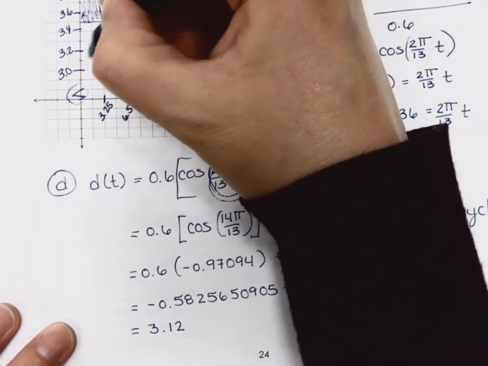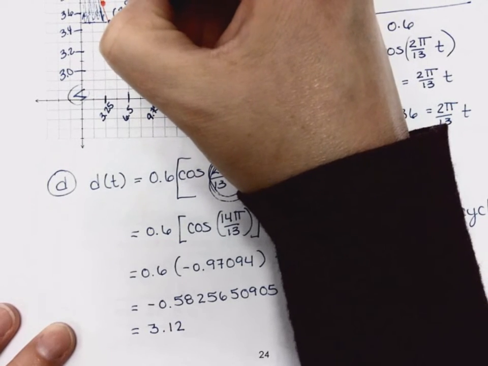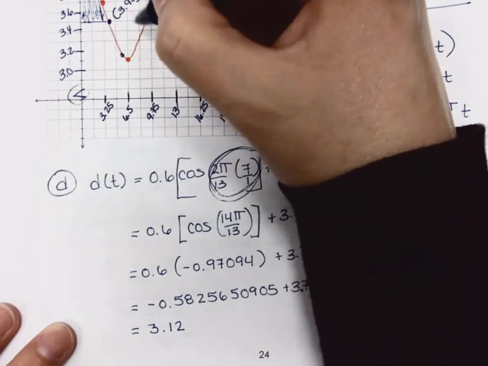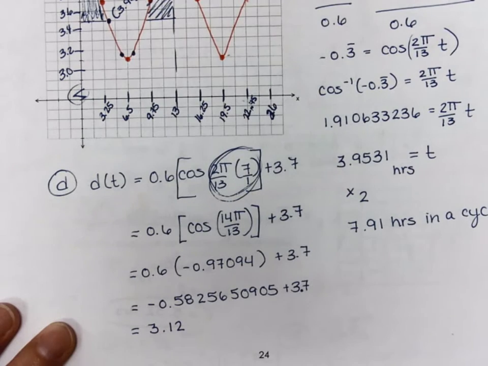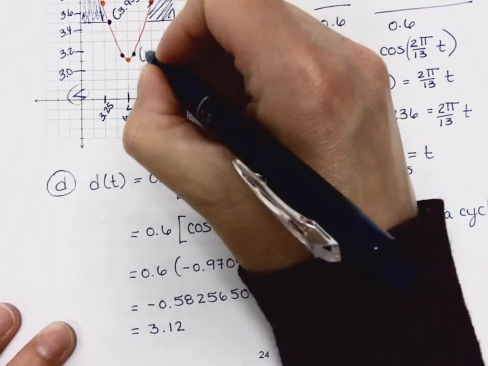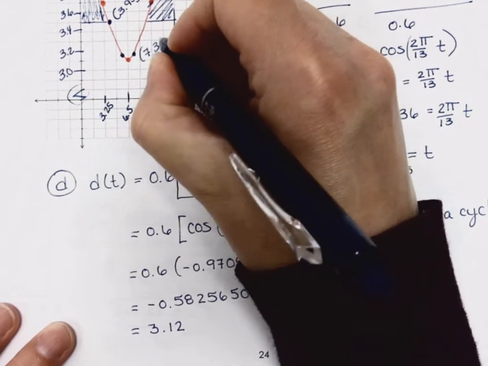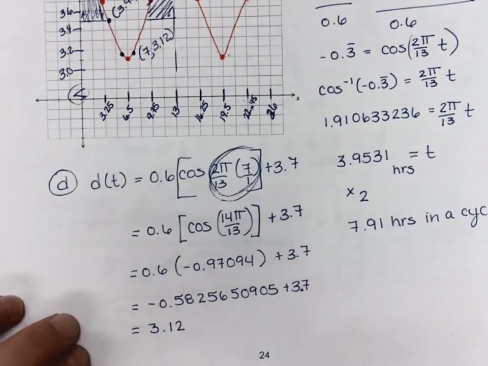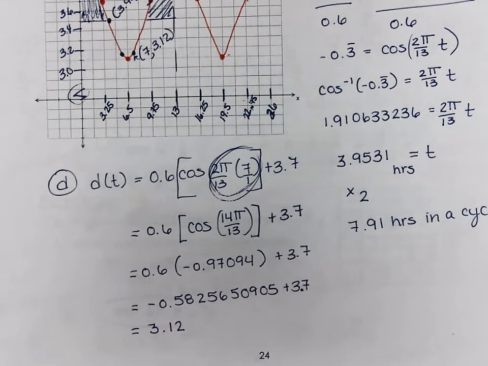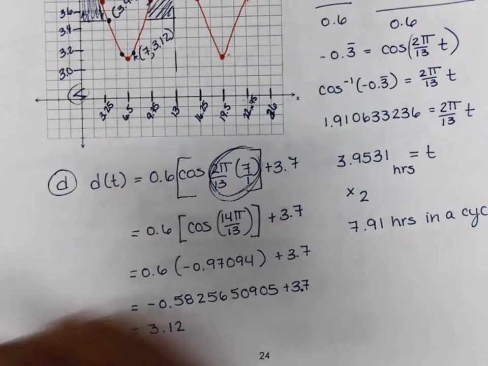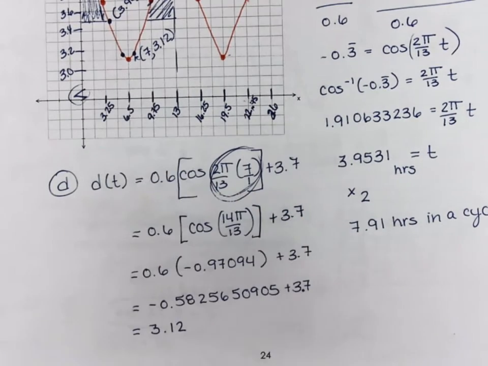This is like 3.12, so it's occurring right there and right there. Would you guys agree that this point is 7 and 3.12? So now the question is how do I figure out this other point?